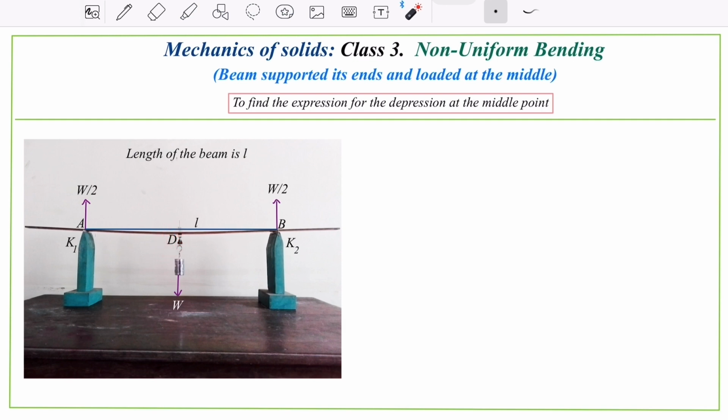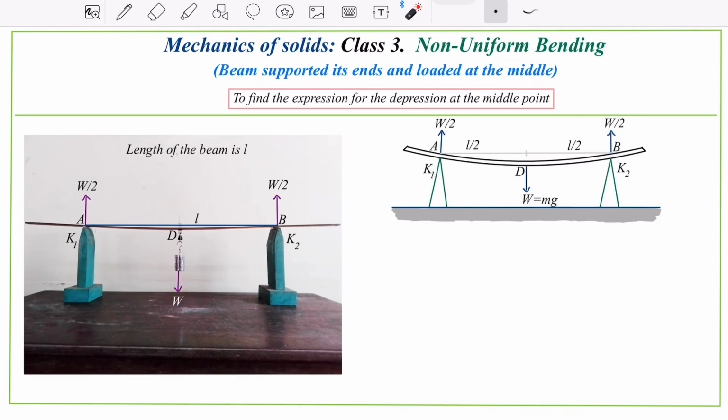And the depression is maximum at the point D. Now our aim is to find out the expression for the depression at the middle point. How much the middle point is deflected when it is loaded at the middle point. So our aim is to find out the expression for this depression at the middle point.